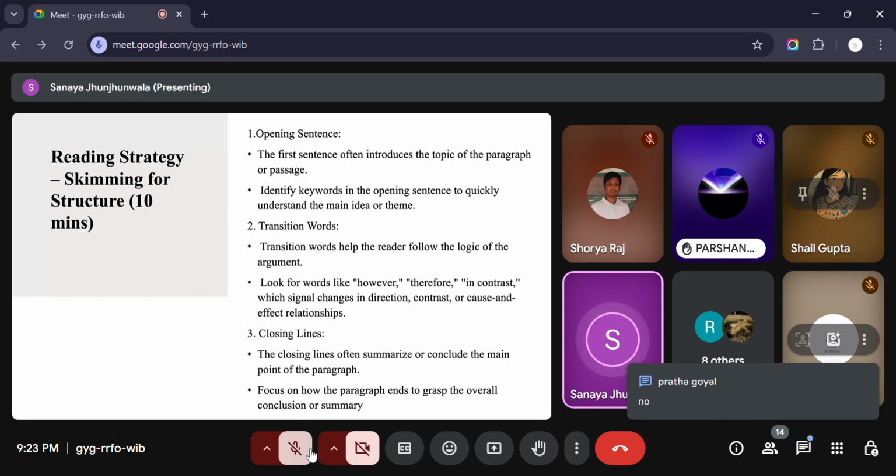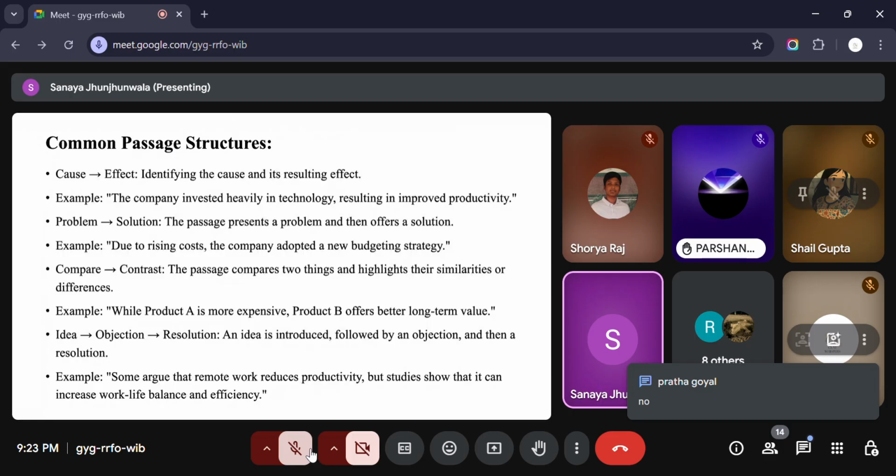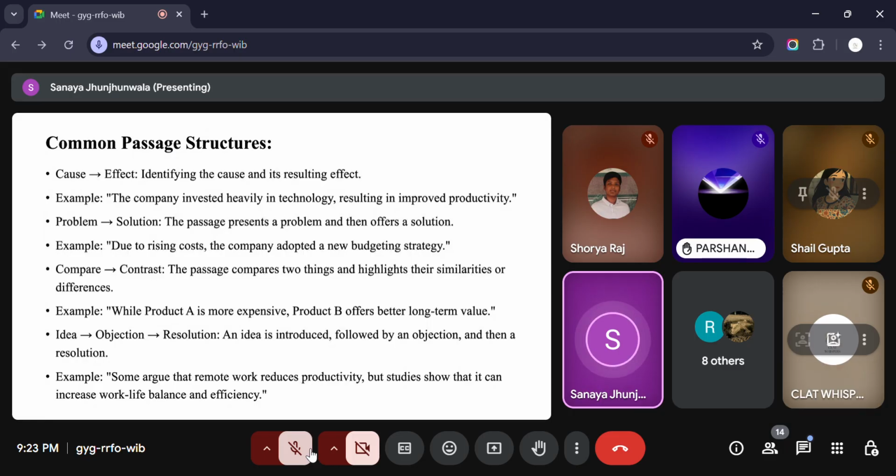Okay, so moving on to the next page. These are common passage structures. The first is a cause effect structure, where basically you're identifying the cause and its resulting effect. Science students would know the cause effect relationship in chemicals and physics and everything. Sorry, I'm not a science student, so I won't know much about it.